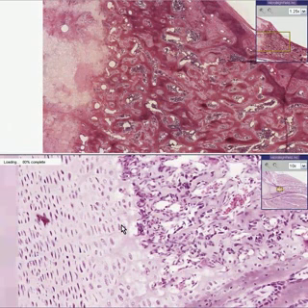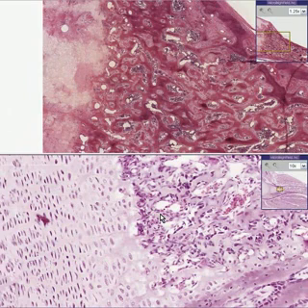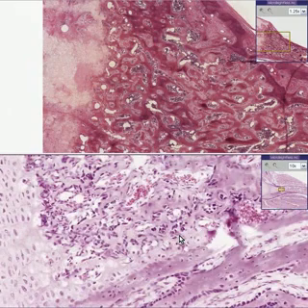Then the cartilage is basically transformed, dissolves, loses its matrix, and is replaced by cells which secrete osteoid, called osteoblasts. Finally, this osteoid is calcified and eventually becomes bone.